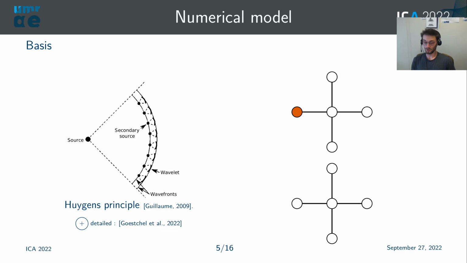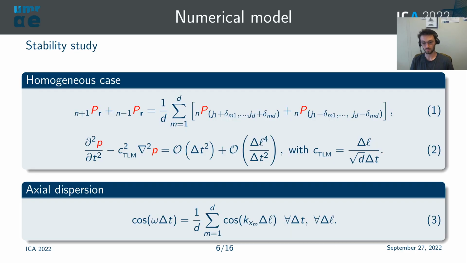The main principle is that you have a point source here, and it emits an impulse of pressure going to another node, and this node will re-emit pressure pulses with a reflection and a transmission coefficient. So this is the core of the method, and it all comes from it.